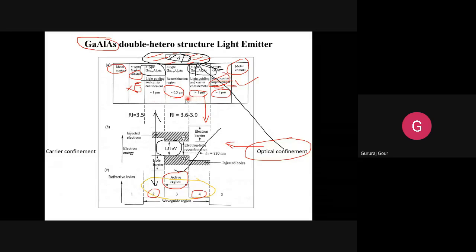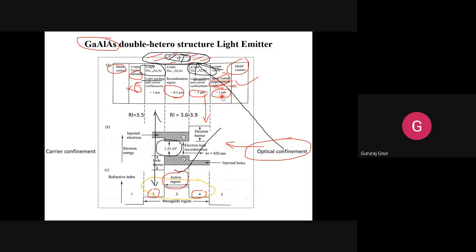The next factor is the reduced gap of the recombination region, around 0.3 micrometer, with the reduced band gap energy of 1.51 electron volt, contributing high density electron hole recombination with high radiance and quantum efficiency. Quantum efficiency can be further enhanced with this layer of gallium aluminum arsenide that is acting like a heat sink. That's why its region is kept very large compared to this one, so that it can allow more dissipation of heat with the wide region.